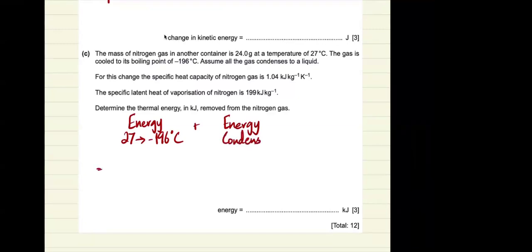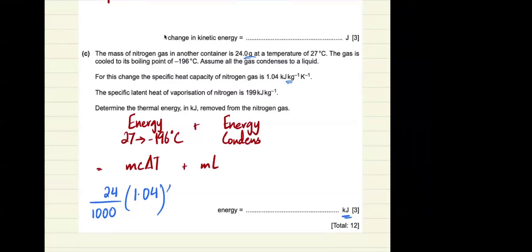So these are the two energies. For the first one, I just use mc delta T. And for the other one, I just use mL. Mass is 24 grams, but this is in kg, so I need to convert one of these to kg. 24 over 1000. C is 1.04. And keep in mind, this is kJ, but it's fine because this is also kJ.